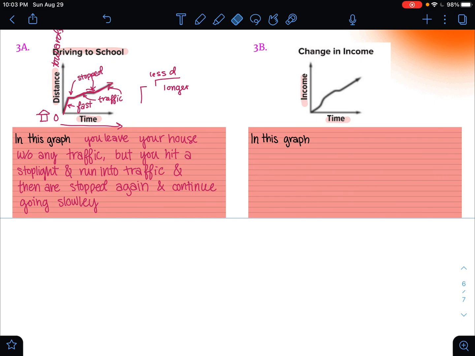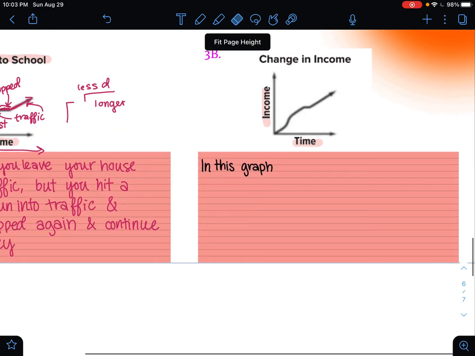So in this graph, you leave your house without any traffic, but you hit a stoplight and run into traffic. And then are stopped again and continue going slowly. This isn't perfect, but it gets the idea across that you were going fast, you stopped, then you go slow, then you stop, then you go slow again.